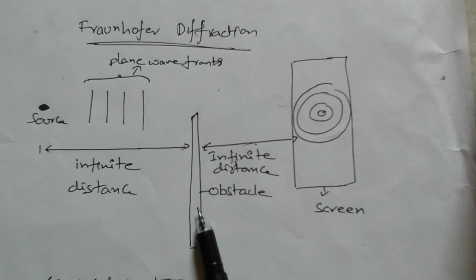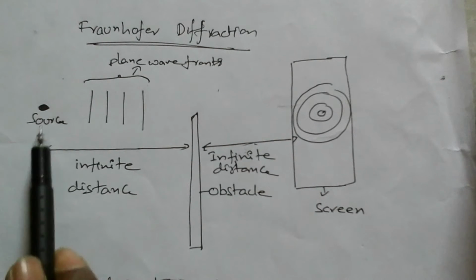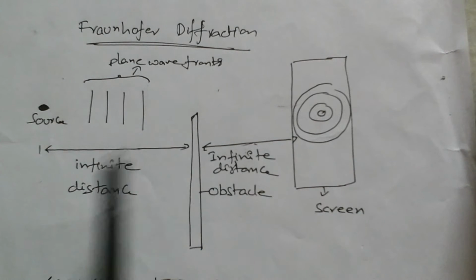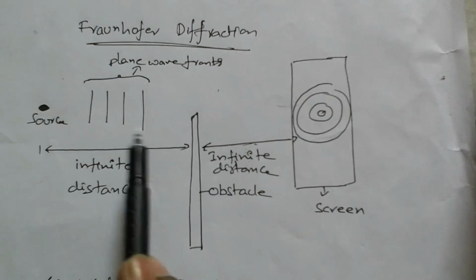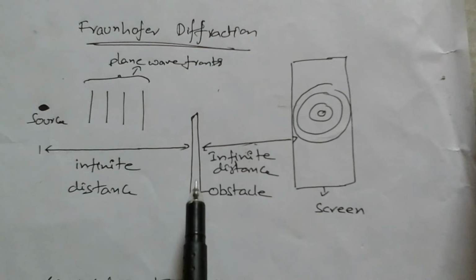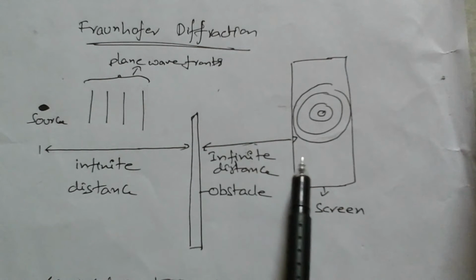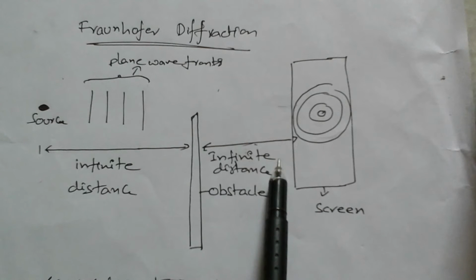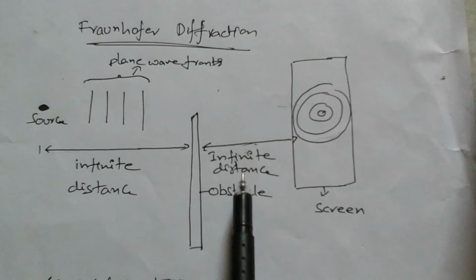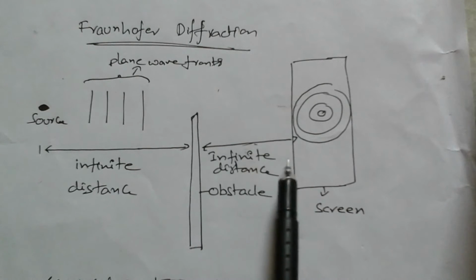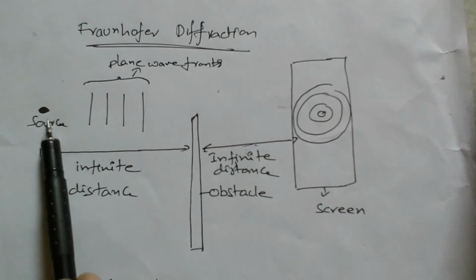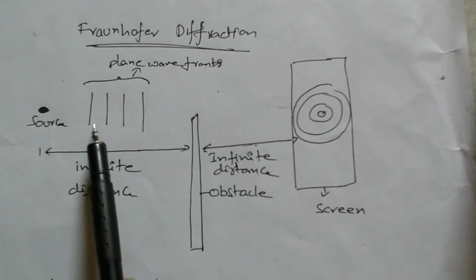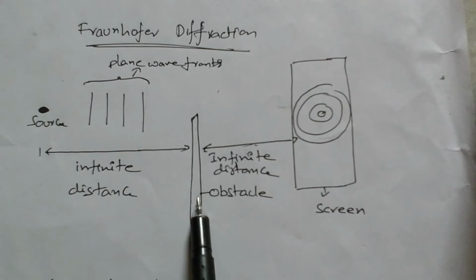But here we have to remember one thing: from source to obstacle we have a distance of infinity, and again from obstacle to screen we have an infinite distance. Hence, due to the infinite distance from source to obstacle, parallel wavefronts will fall on the obstacle.